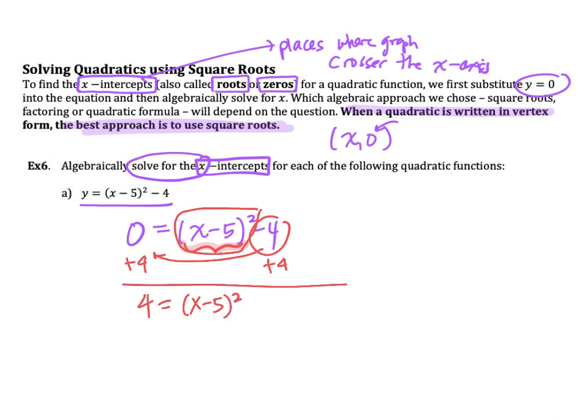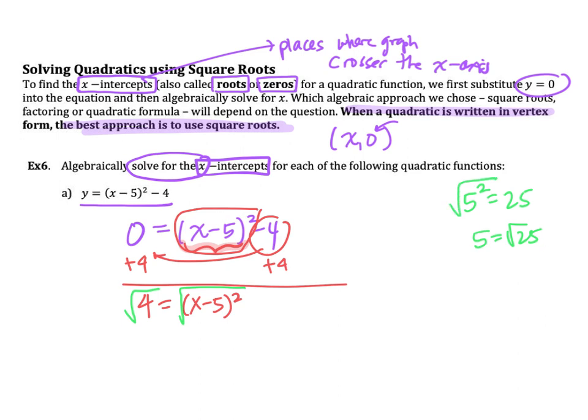If you have a perfect square, what can you do to get rid of the square? Well, the square root undoes the squaring. If you have 5 squared, that's 25. How do I go back to the number 5? I take the square root of 25 to get 5.